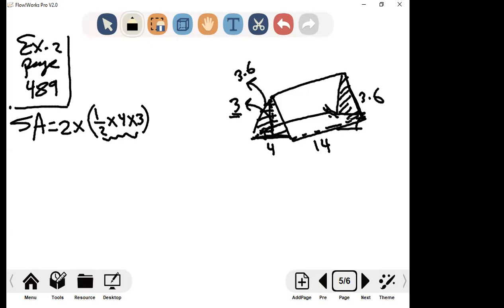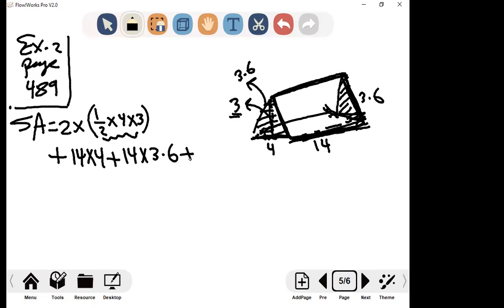It has length 14 and how much its width? Same as 4, so 14 multiply 4, plus the rectangle this one, 14 multiply 3.6, plus the other one, the opposite one, 14 multiply 3.6.